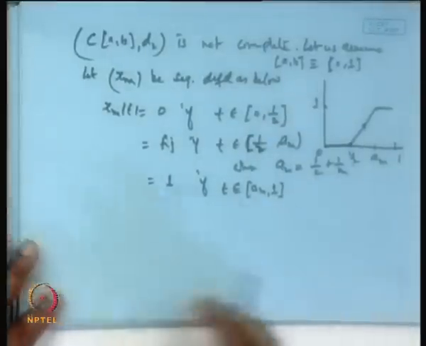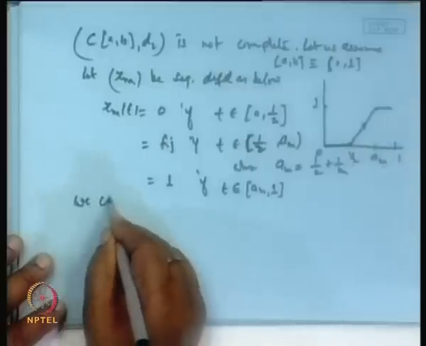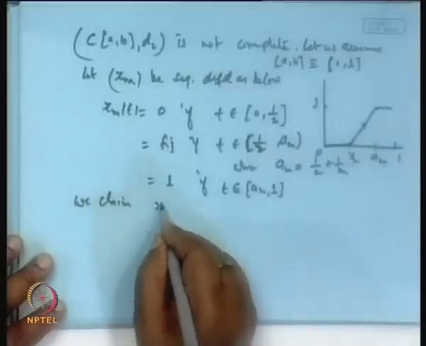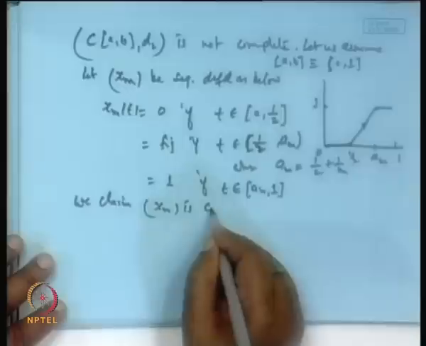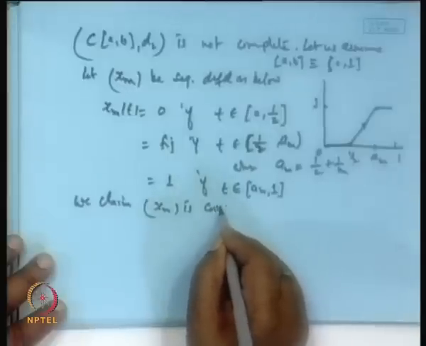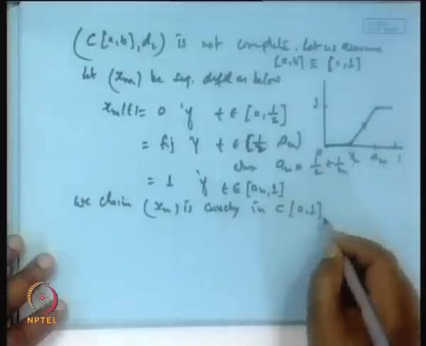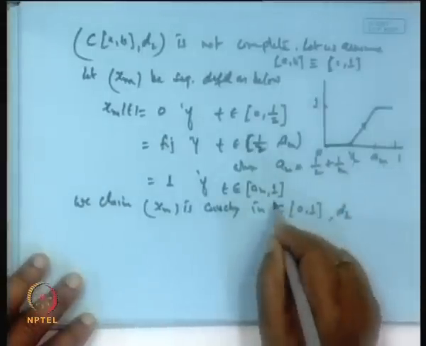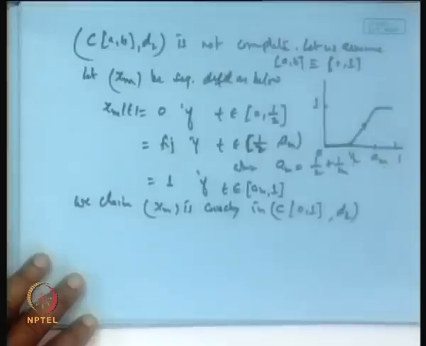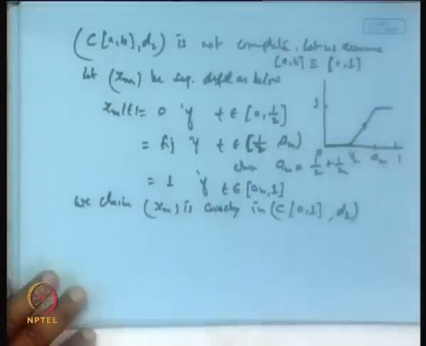We claim this x_m is a Cauchy sequence in C[0,1] under d2, which is a metric. Why is it so?